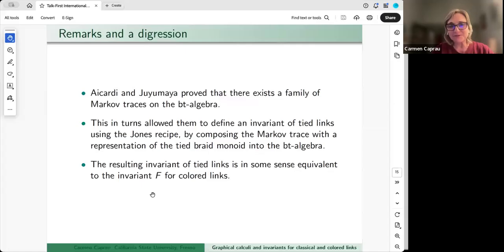So in short, the resulting invariant of tied links that Aicardi and Juyumaya arrived at is equivalent to the invariant that I'm talking about here. But the invariant that I'm talking about here is also constructed by them. Only that now I want to go over a different approach to that invariant.